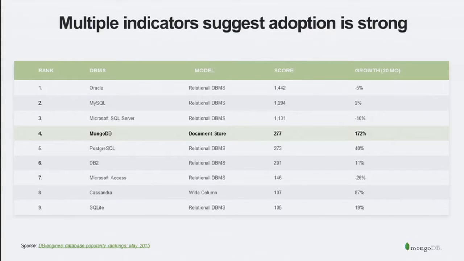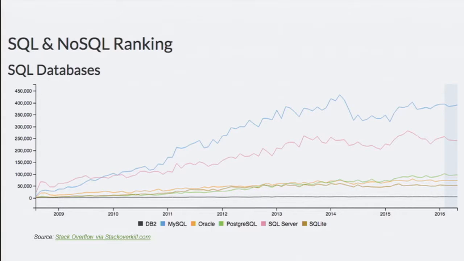So it's no surprise that Oracle's at the top, MySQL is right up there, and SQL Server is third, but MongoDB, a relatively young technology, is just ahead of Postgres. And looking a little more closely at Postgres and MongoDB, which are two open source database technologies that are rather popular these days.